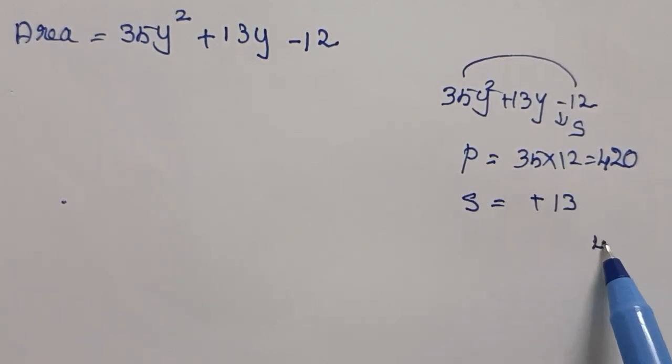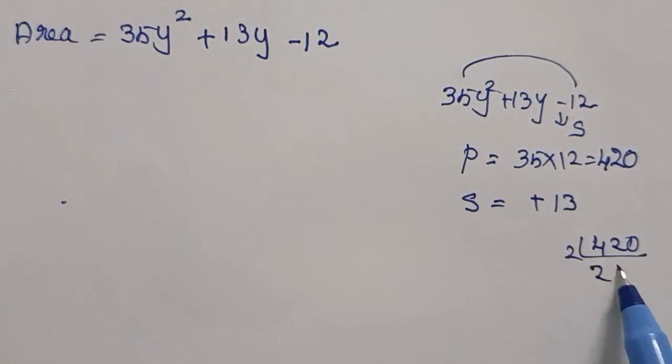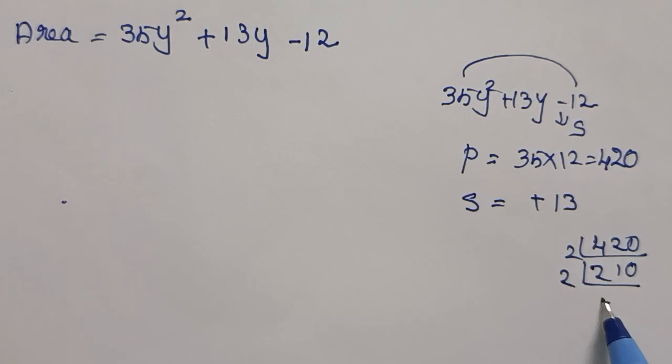Now factorizing 420, by 2 it is 210, by 2, 105, not by 5. Now we can divide it by 3, it is 35, by 5, 7 times.